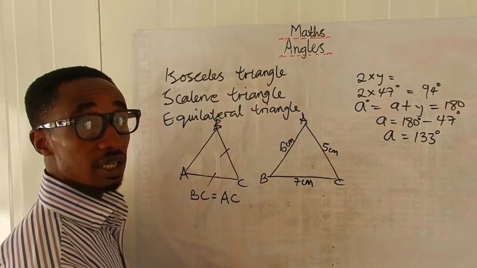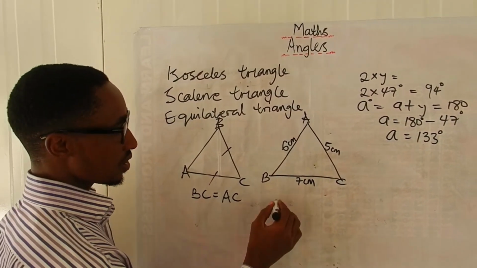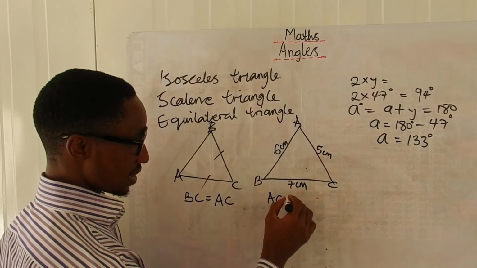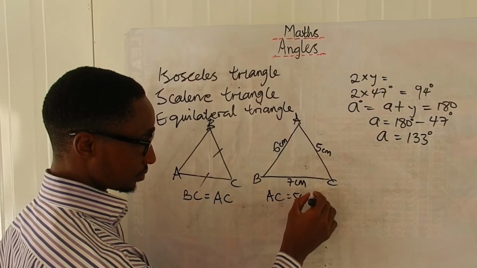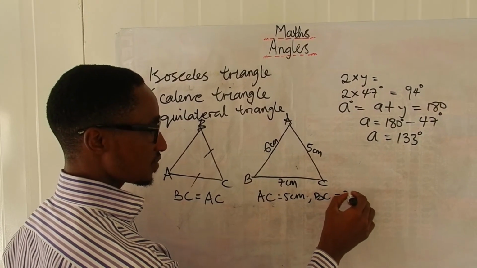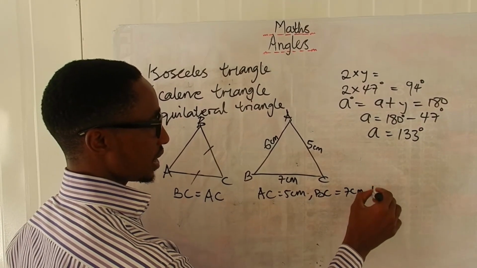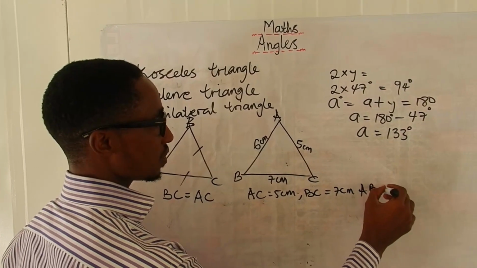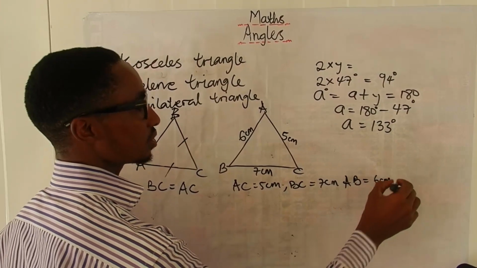So no side is equal. Here you can say AC equals 5 centimeters, BC equals 7 centimeters, AB equals 6 centimeters.